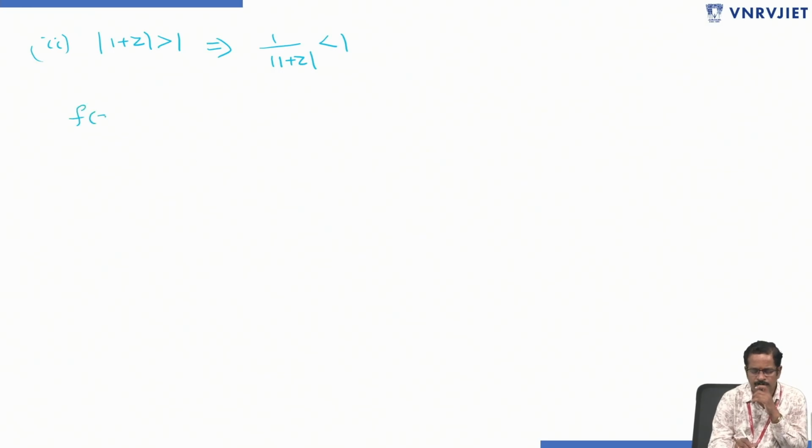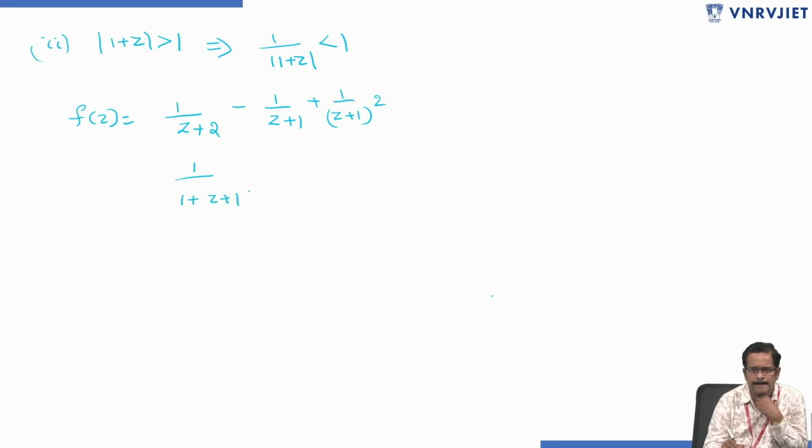So as we know, f of z equals 1 by z plus 2 minus 1 by z plus 1 plus 1 by z plus 1 whole square. Okay, 1 by z plus 2, here I write now 1 by 1 plus z plus 1, minus 1 by z plus 1 plus 1 by z plus 1 whole square.